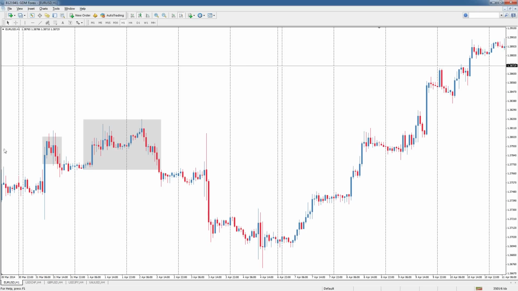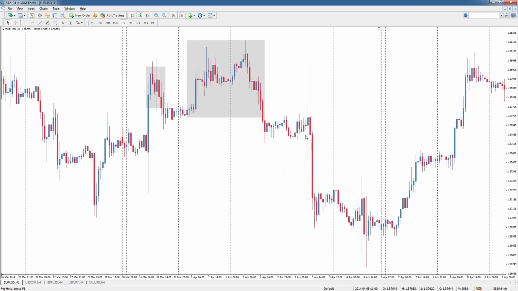There we go. Okay, so the first thing we actually see on our screen, I marked it with a little gray box here, is a small double top formation.